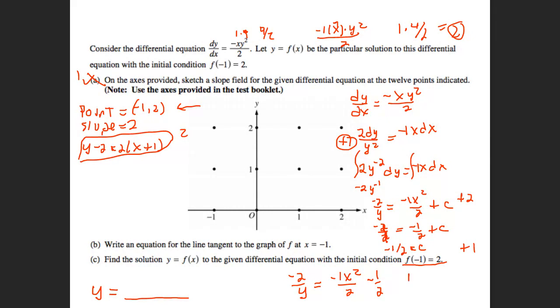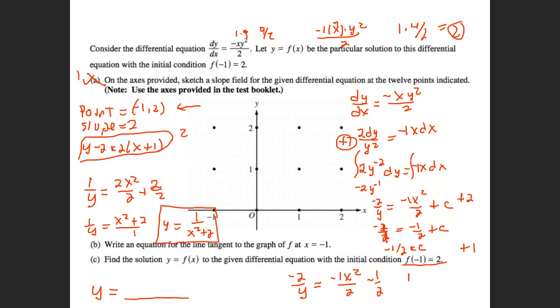I'm going to write it over here. 1 over y is equal to, multiplied by -2, that gives me 2x squared over 2 minus, it's going to be a positive because it's a -2 there, 2 over 2. So 1 over y is equal to x squared plus 2. I'm going to put that over 1. Now flip it. Y is equal to 1 over x squared plus 2.